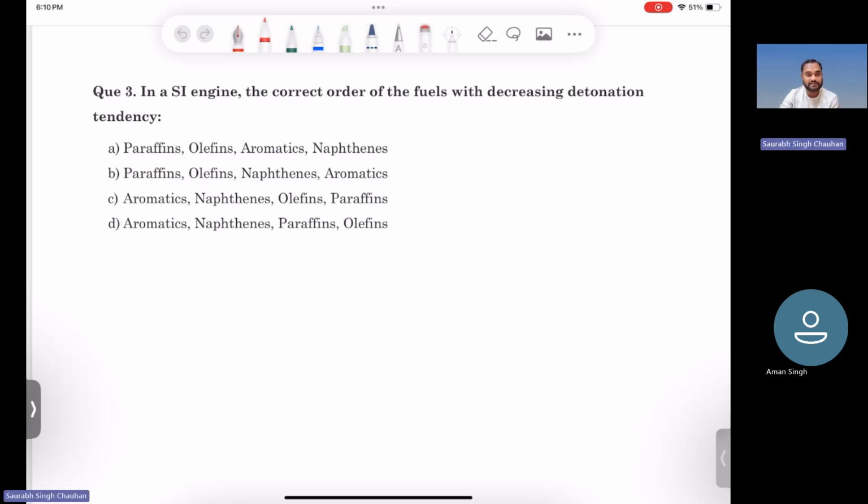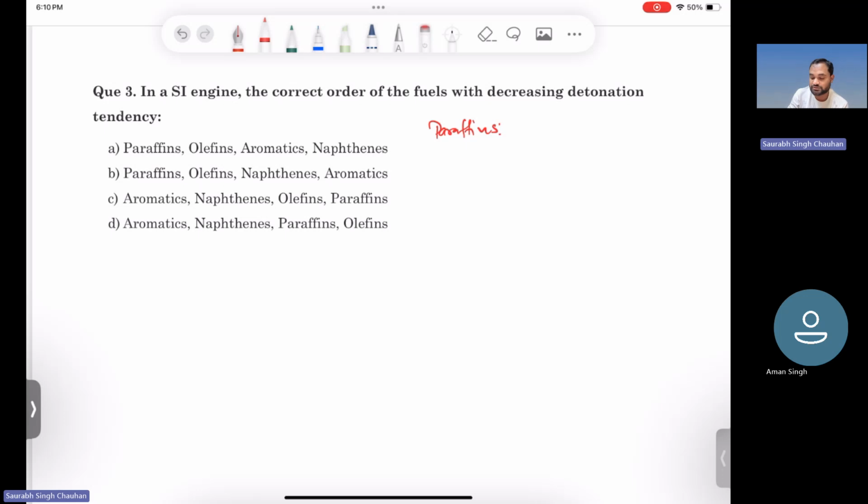In the lectures, all these types of fuel have been discussed, right? So what are paraffins?